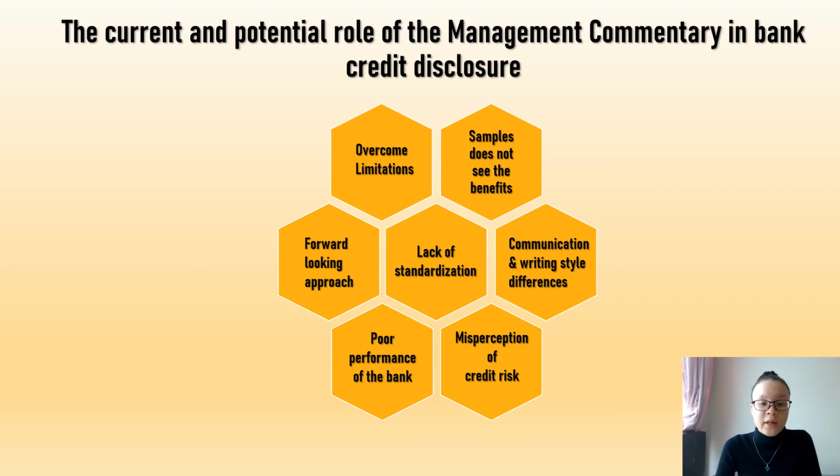The level of detail in the document is at the bank management's complete discretion, and thus the credit risk disclosure in the management commentary may not be sufficiently comparable and may lack details. Therefore, the document could hide poor performance of the bank management, increasing bank opacity and causing misperception of the credit risk.